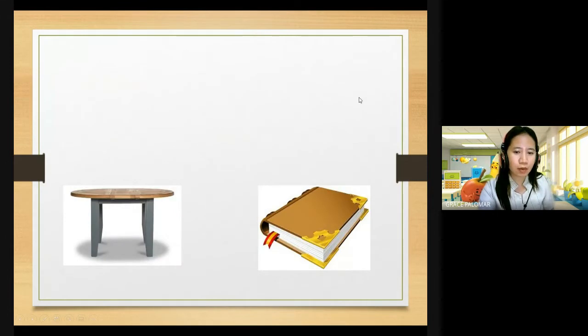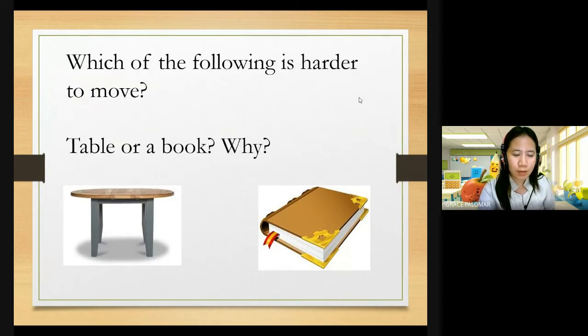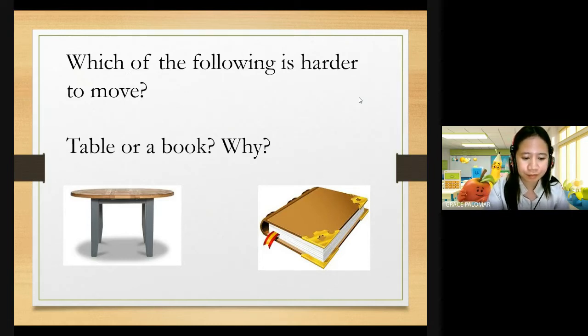Let's check. The question for number 3 is, which of the following is harder to move, a table or a book? And why? I'll give you 10 seconds again to answer.